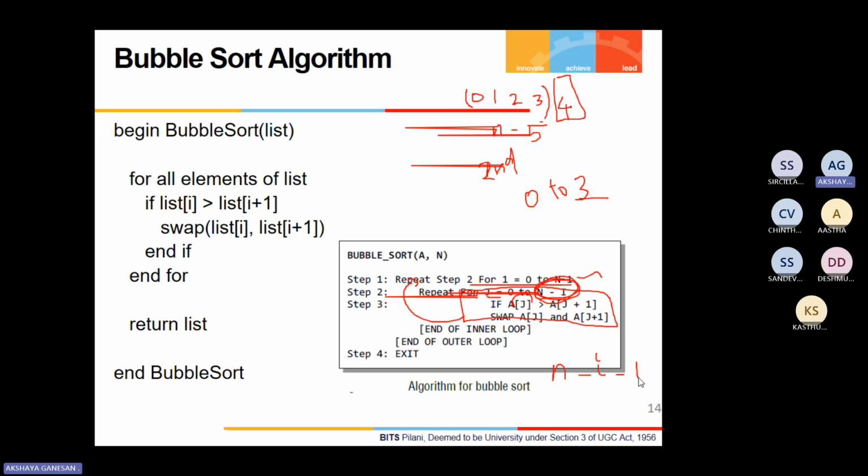When I'm in the second pass, already one element has come to its position. So n minus i minus 1. Then i will become 2 in the third pass, and so on. So j will run only up to the n minus i minus 1 value.